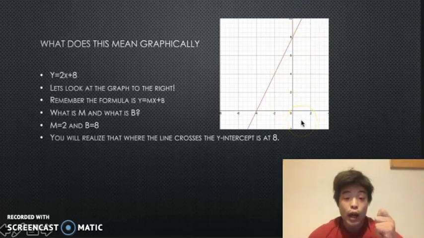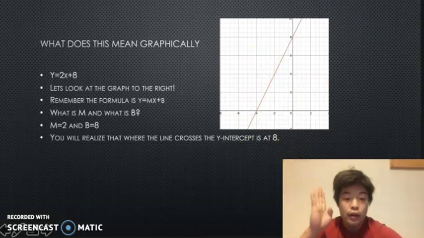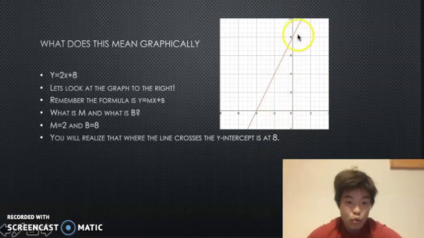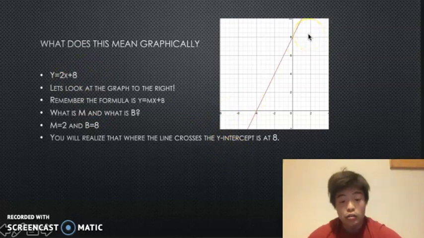It is called the y-intercept because that is where the line intercepts the y-axis. So in this line, all you have to do to find b is look at the graph and see where the line crosses the y-axis, and in this case, it's right here at 8. So now we already know b, because y equals 2x plus 8, 8 is b, so we know that the line is going to cross at 8.